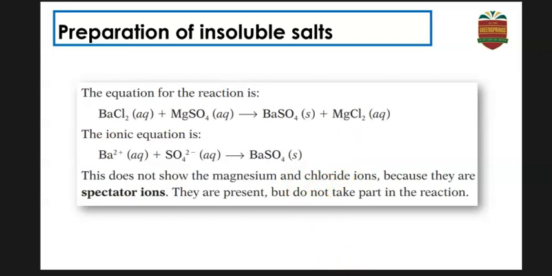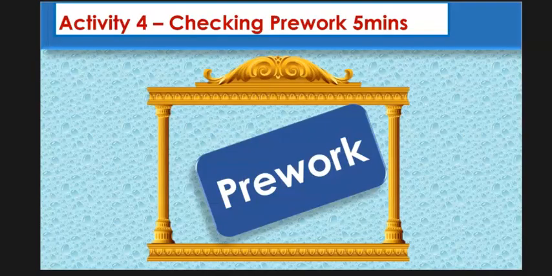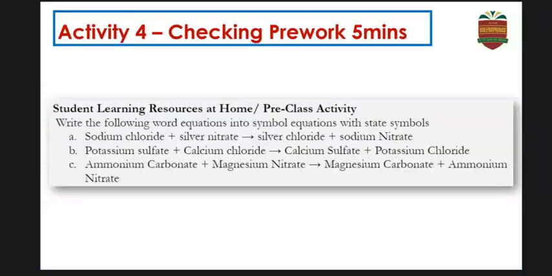Now, at this point, you had a pre-work before now, and that pre-work requires that you write symbol equations for specific reactions. You have 3 reactions that were given, and you are supposed to write the symbol equations for those reactions. So now bring out your pre-work so that we can assess it at this point.